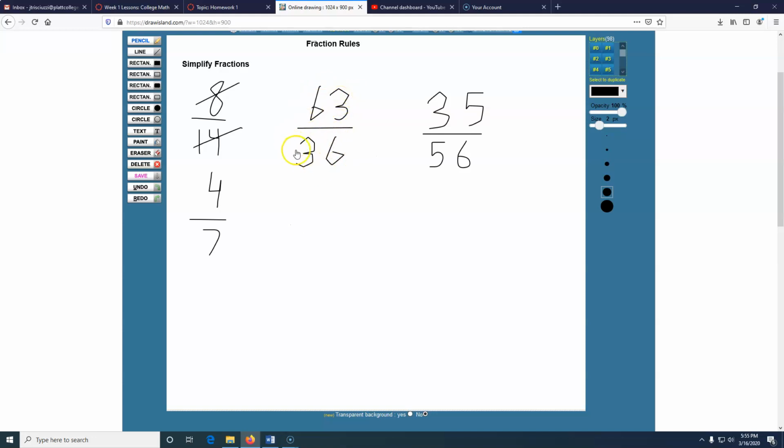Comparing 36, I can see that, well, you got something like 6 times 6, but you also got something like 9 times 4. And so it turns out that our best option here is actually to take out 9. And so if we divide 63 by 9, we end up getting 7. And then if we divide 36 by 9, we end up getting 4.